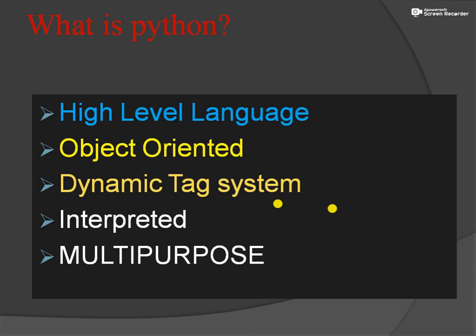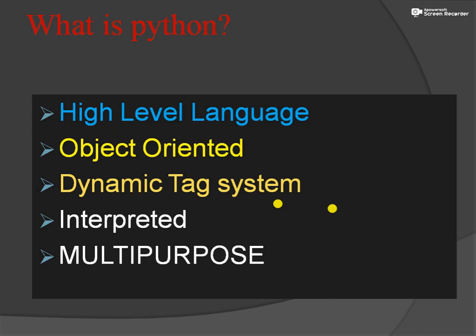Python is a high-level language. It means it is simple and user-friendly, and quite similar to the English language. HLL means high-level language, which needs to be translated into machine language by using a translator.